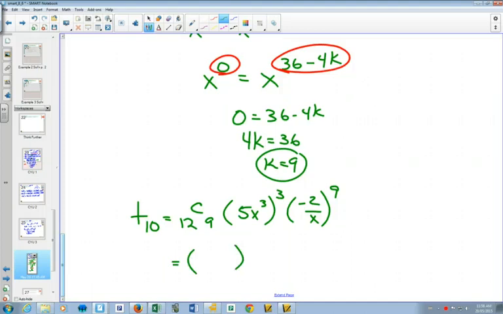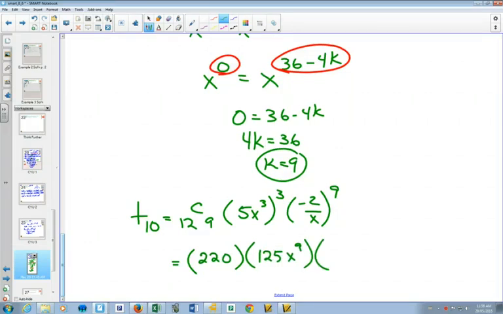Calculate each of these separately. 12 choose 9 is 220. 5 cubed is 125, x to the 9.